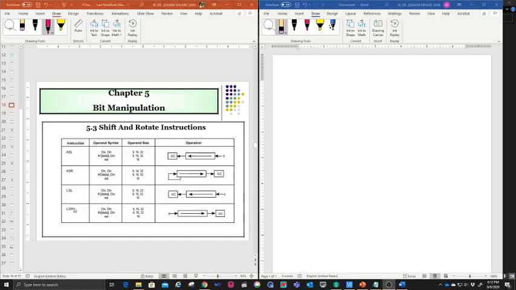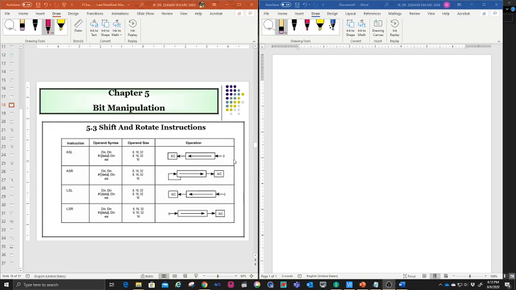So we are going to look at the first 4 first, starting with the arithmetic shift left. This is a pattern. You can see that if you run this command, you will do the shifting to the left.